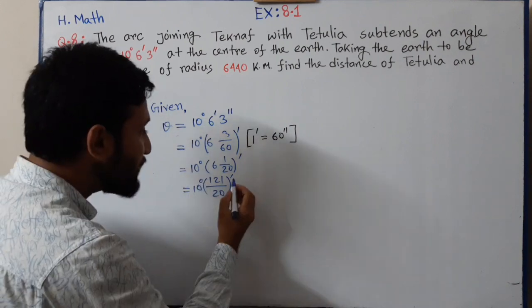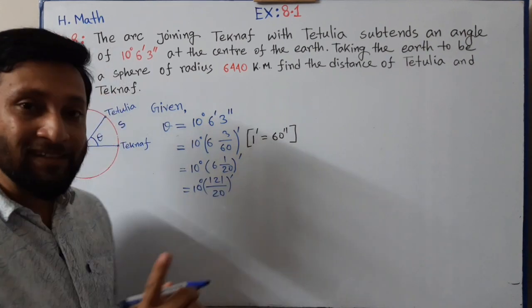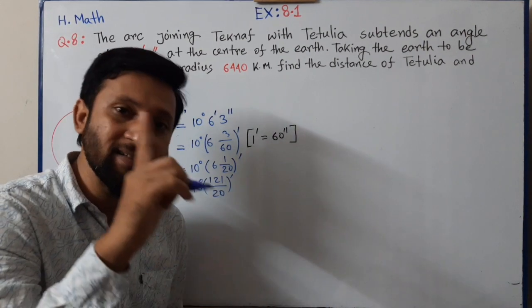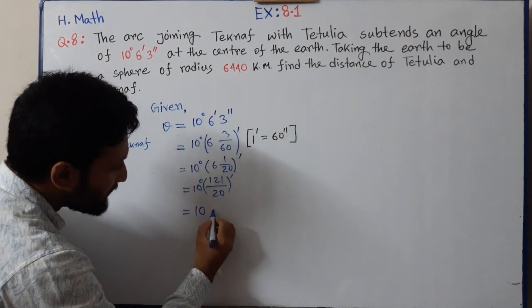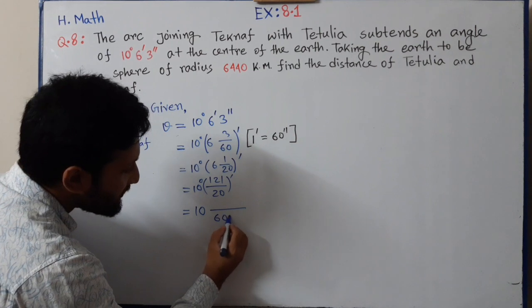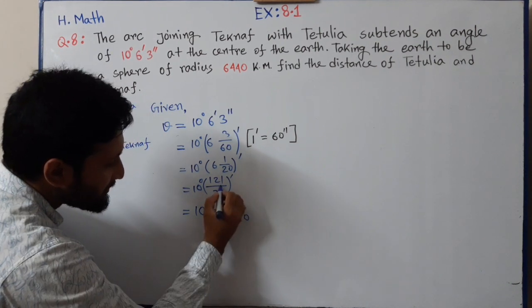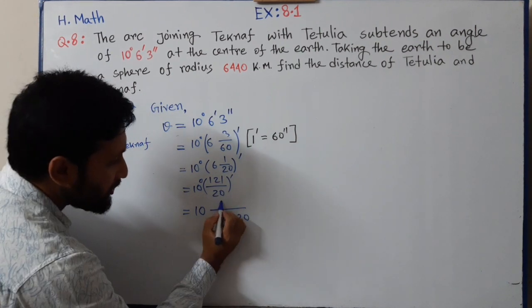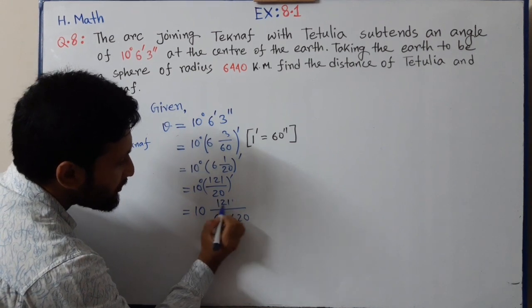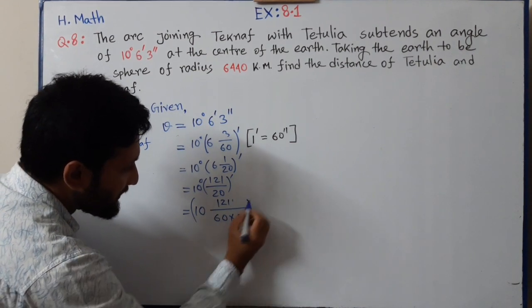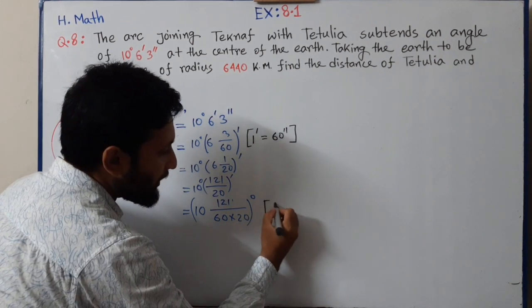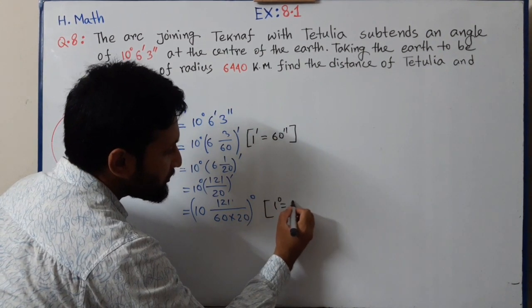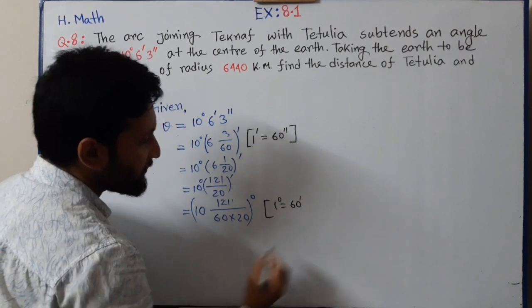Now again, if we divide minutes by 60, it converts to degrees. So this term 121 by 20 is divided by 60, so the minutes convert to degrees. And the side note: 1 degree equals 60 minutes.